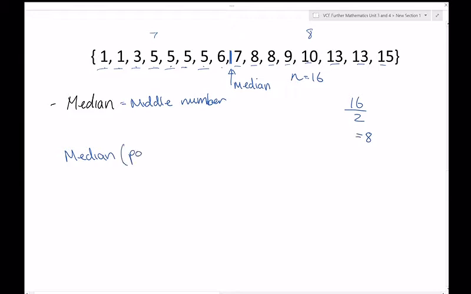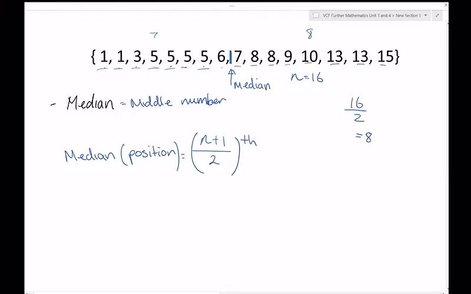Now there is a formula to work out the median. It works out the position of the median, and that is to say n plus 1 divided by 2. Okay, this position.